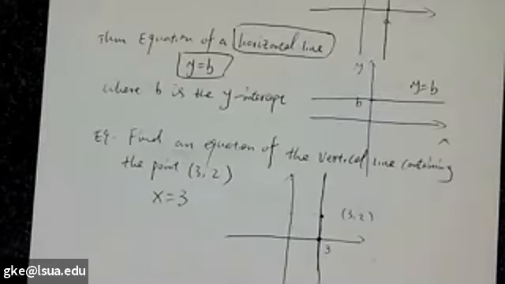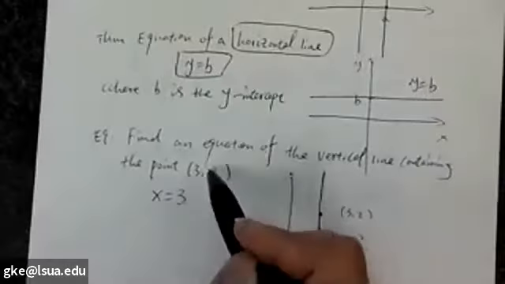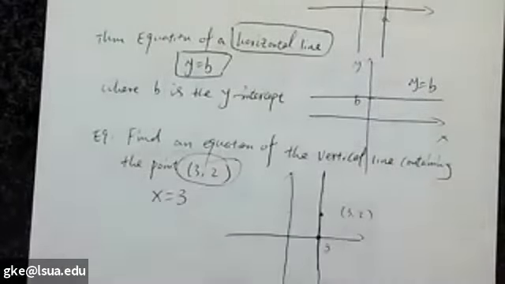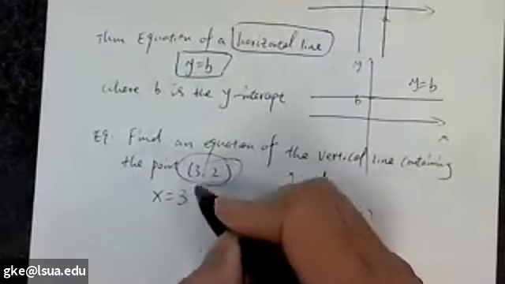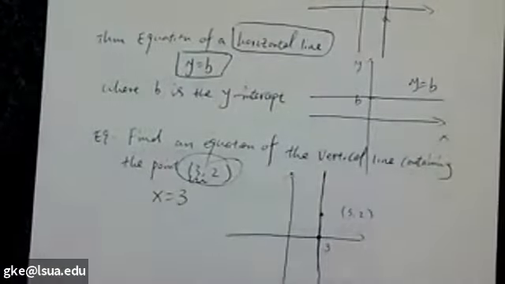Here, I'm gonna teach you a trick: how to quickly get the vertical line equation. You just need to take a look at the x-coordinate of this point. The x-coordinate of this point is 3.